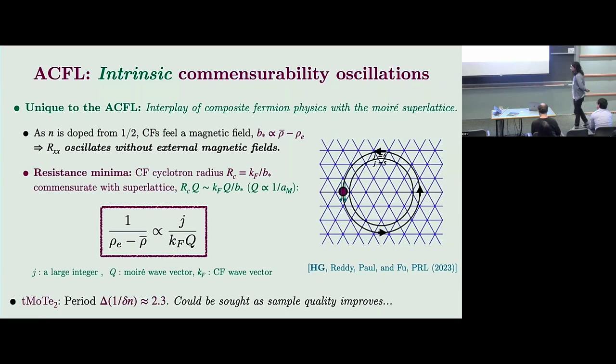And if you plug in experimentally realistic values for MoTe2, you'd get that the period in 1 over the deviation from half filling is 2.3. So that's possibly visible. And really, I think the main impediment here is disorder really suppressing quantum oscillations. So perhaps in much cleaner samples, this will be a possibility.